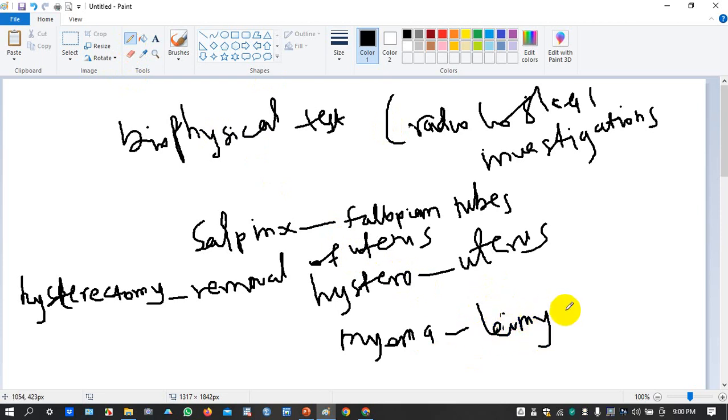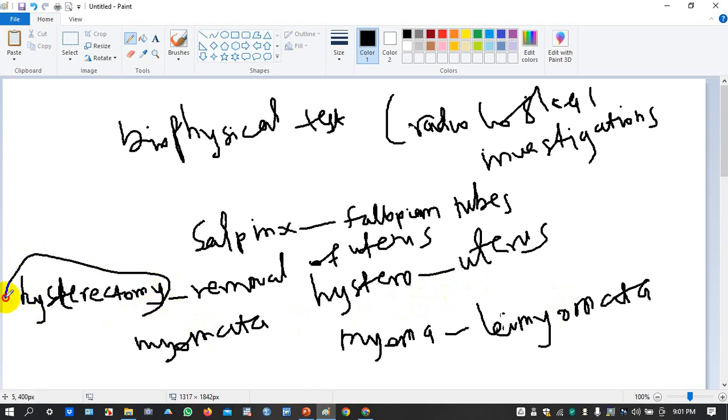Anytime you hear myoma, it's fibroid, and if you add mata, it becomes plural. So myomata is plural, and leiomyomata is the same thing, plural. So if your uterus is made up of a lot of fibroids, then we have to remove all of them so that it will not lead to cancer and the rest. And that is what we call hysterectomy, total surgical removal of the uterus.